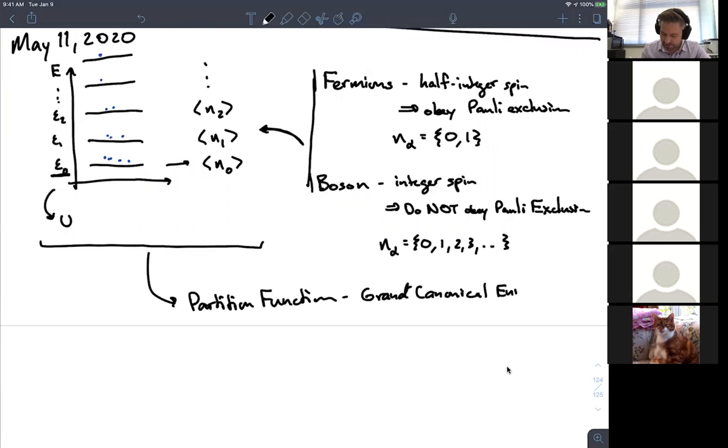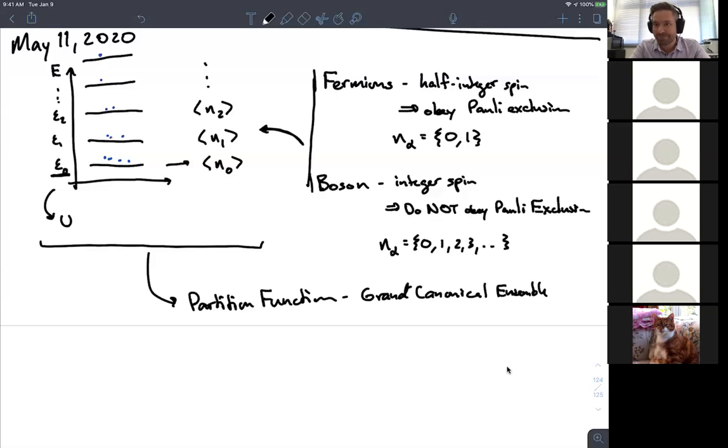One reason for this is because quantum mechanics, generally speaking, allows you to create particles out of thin air from pair production and annihilation. And so generally speaking, you can't talk about states with a specified number of particles because they're always going to be popping in and out of existence. And furthermore, it also makes the thing a lot easier to calculate.